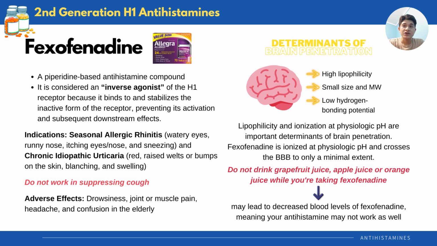Lipophilicity and ionization at physiologic pH are important determinants of brain penetration. Fexofenadine is ionized at physiologic pH and crosses the blood-brain barrier to only a minimal extent. In other words, it is still devoid of cardiovascular side effects. Overall, fexofenadine displays a favorable safety profile and results in greater treatment satisfaction in children compared with other second-generation antihistamines.